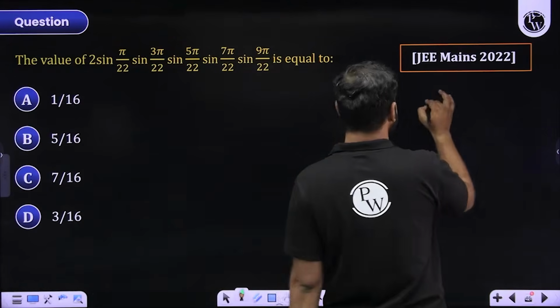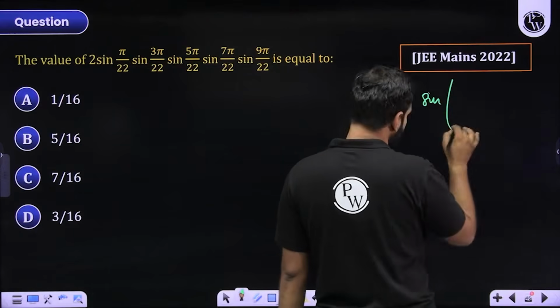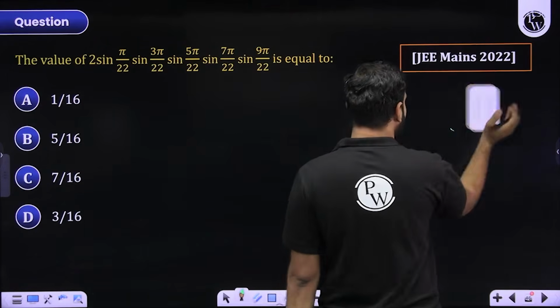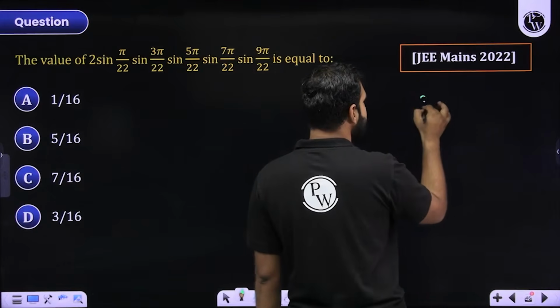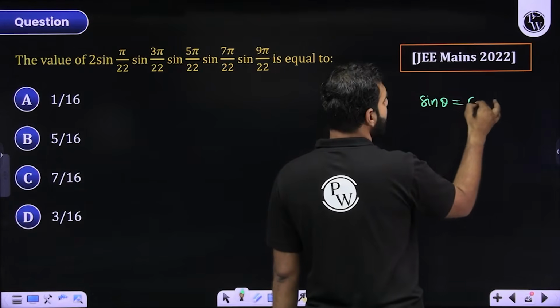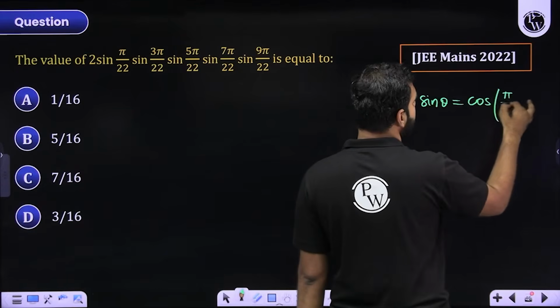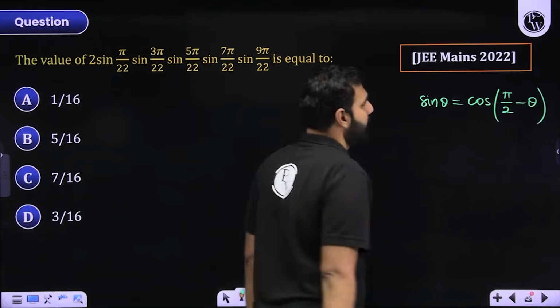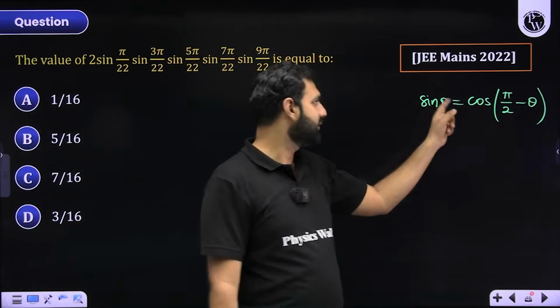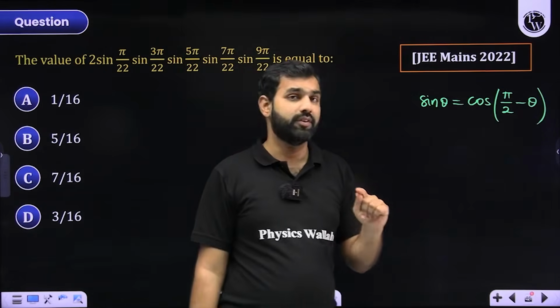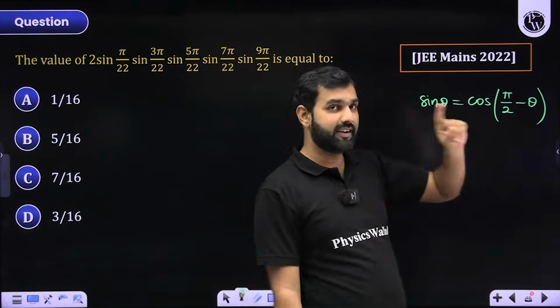If I need this sin(pi/22), can I write it, I hope first of all you must have understood this very clearly, that sin theta I can write as cos(90 minus theta). Why? Because 90 lies on the y-axis, which means cos will become sin. When you talk about sin, 90 minus theta is in the first quadrant.